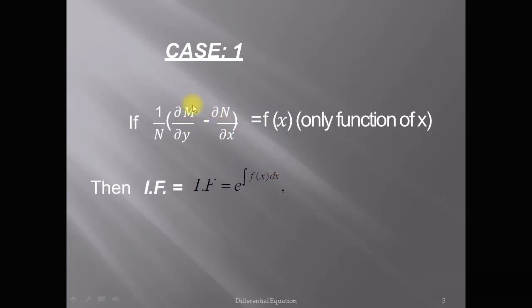First of all, find partial M by partial y and partial N by partial x, and then subtract these two and then divide by N. After this, if we get a function only of x, then the integrating factor will be e to the power integration of this function with respect to x. So this will be the integrating factor.